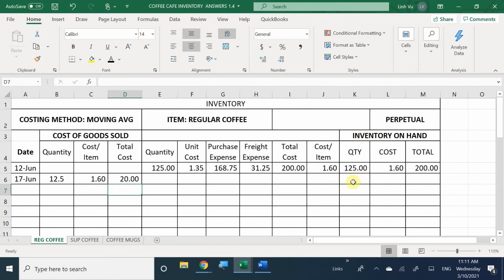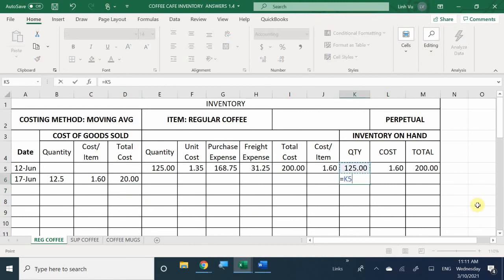So I'm going to do a simple formula here. If I started with 125 pounds, I'm going to subtract out the 12 and a half pounds. So I should get a total of 112 and a half pounds left, because I'm taking it away.